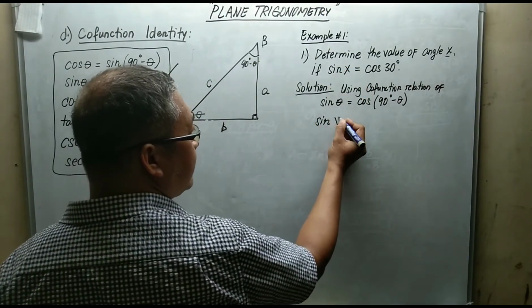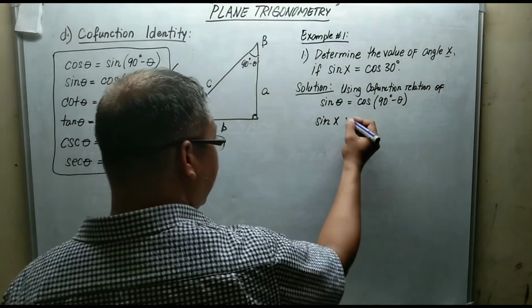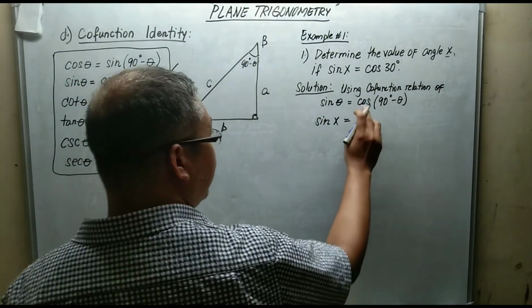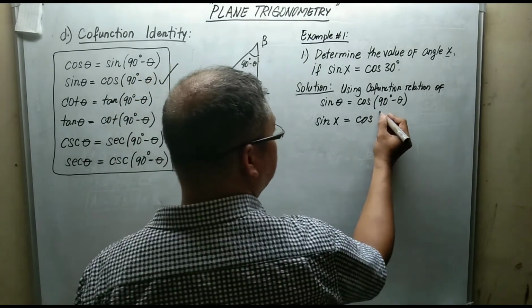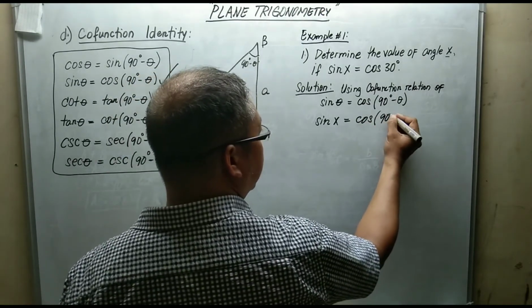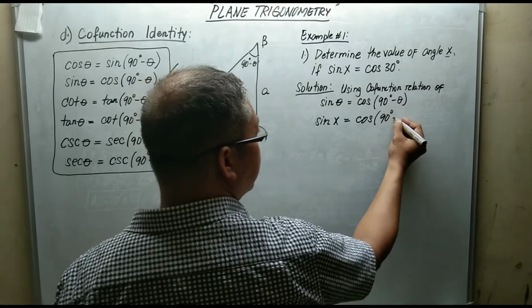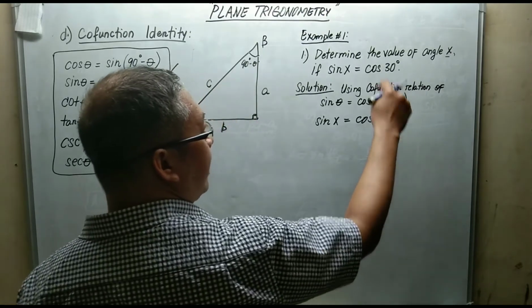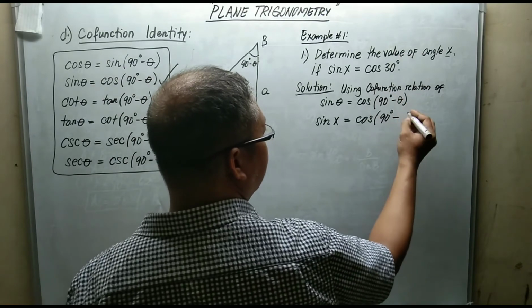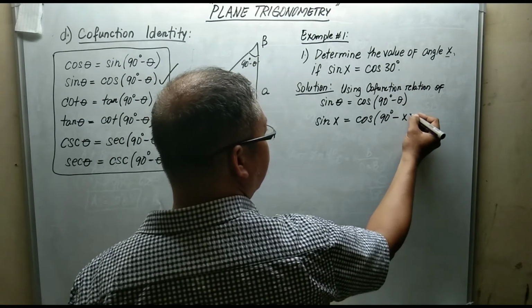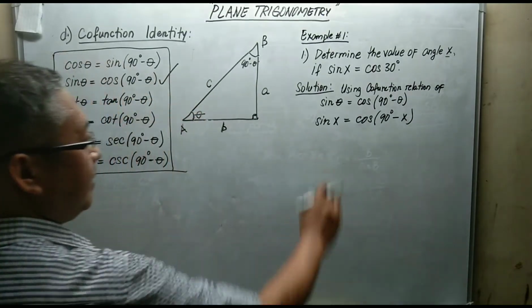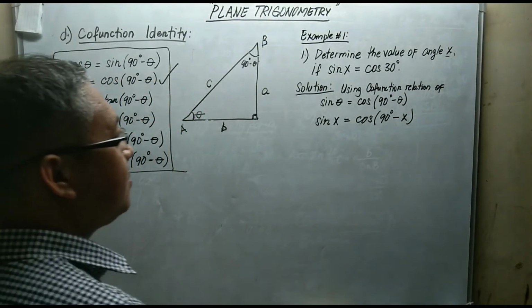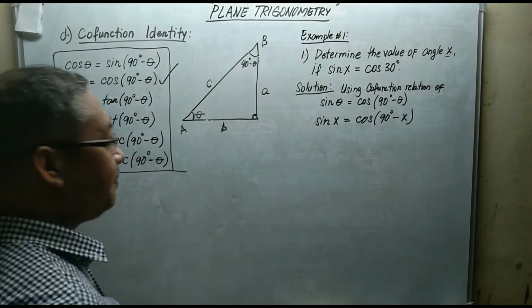So sine x is equal to cosine 90 degrees minus x. Since this is our requirement, how much angle. So this is now the cofunction relations based on that problem.